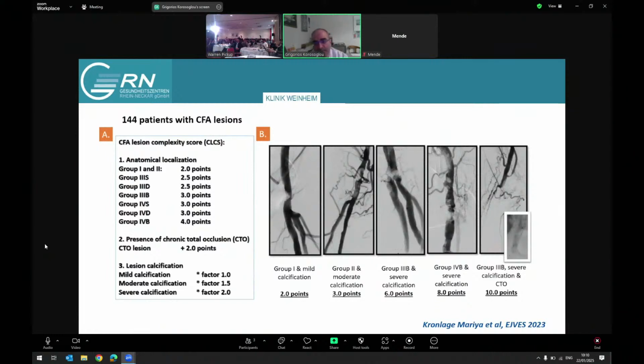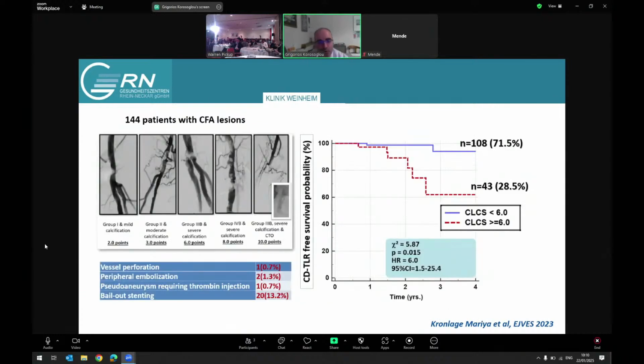Here we had the experience, we studied several grades of complexity for such lesions in the common femoral artery. And after all, we saw that in not so complex lesions, so lesions that are not so strongly calcified and do not enter into the bifurcation of the femoral segment, we have very nice TLR rates.